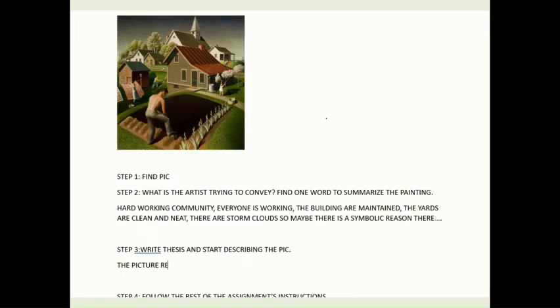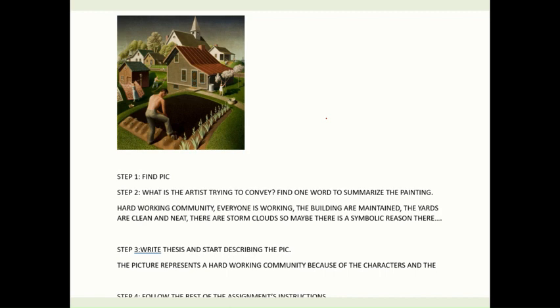So for this thesis, I would say something like, the picture represents... Okay, this is your standard descriptive thesis when you're describing a picture. The picture represents a hardworking community because of what's in the picture: the characters, you always have characters, and the background. Okay, that's a two-point thesis. That's all you need because there's so much to describe in this picture.